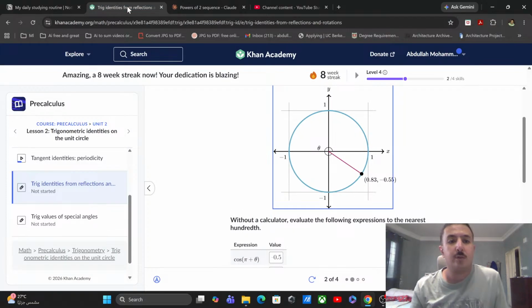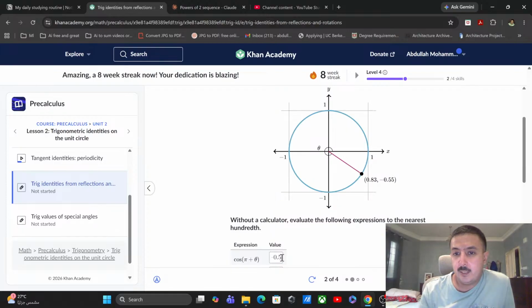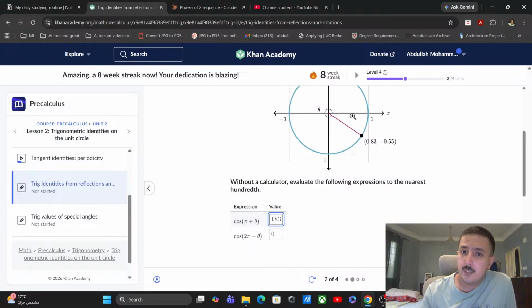Okay. So cosine is minus 0.83 here, because it's here, both minus minus, and if we are to turn here, going back here, minus the theta, this is the theta, minus the theta.